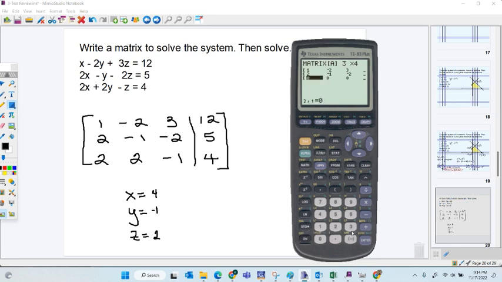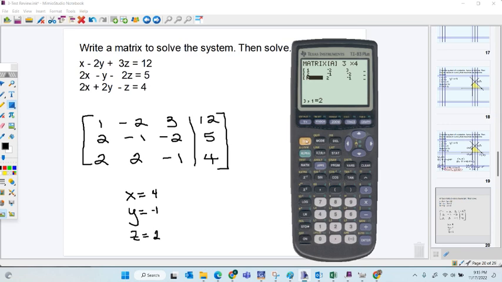Okay, and then 2, 2, 4. I am doing a little bit on the side keypad in the interest of time. All right, so our matrix is now entered in.